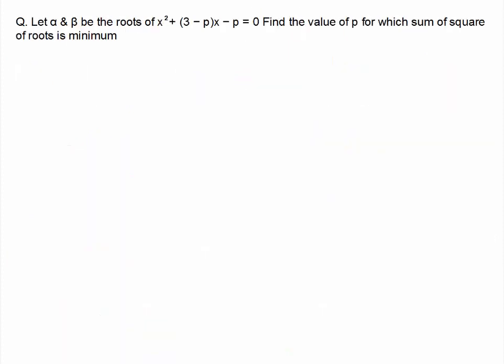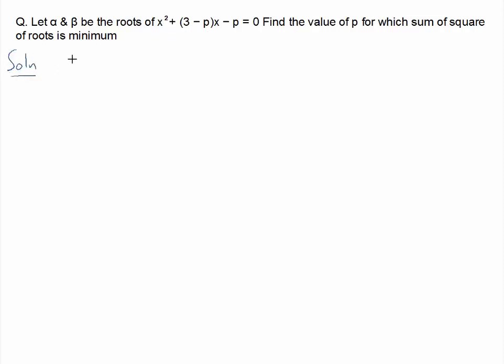Next question is, let alpha and beta be the roots of x square plus 3 minus p times x minus p equals 0. Find the value of p for which the sum of square of roots is minimum. So we have been given that the roots of this equation are alpha and beta.